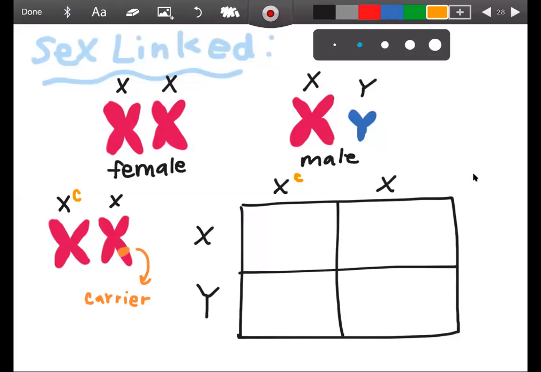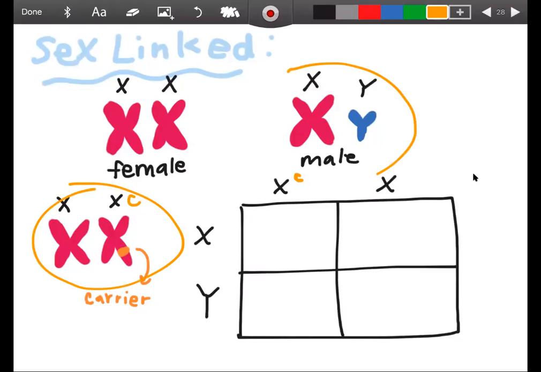I have that represented here at the bottom. We will represent this X by XC, and the C is in this case going to just stand for carrier.